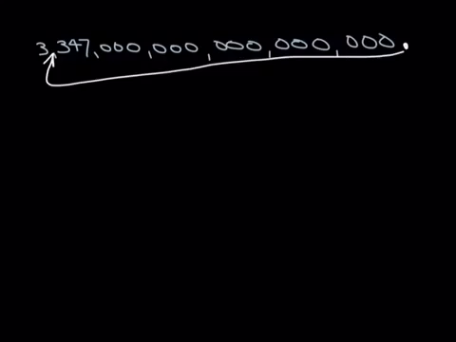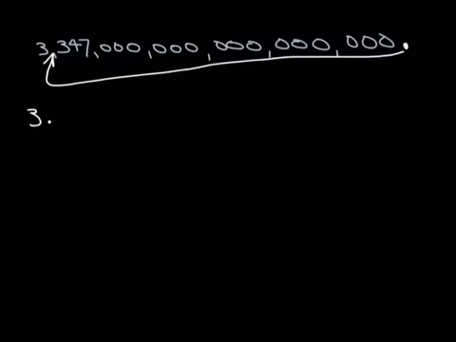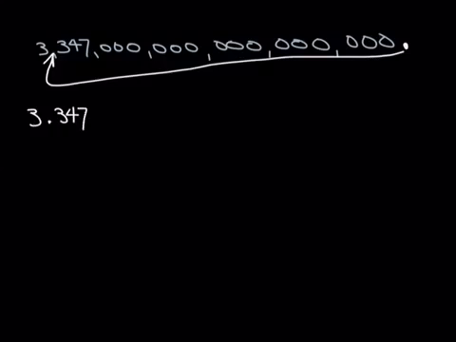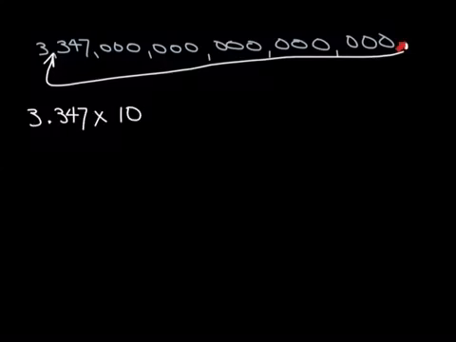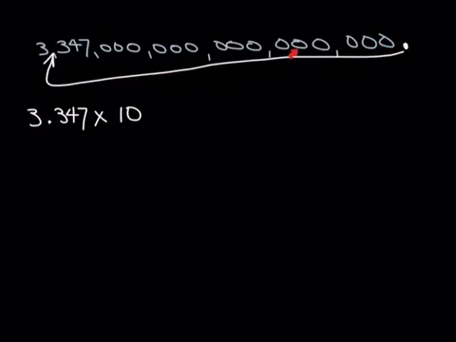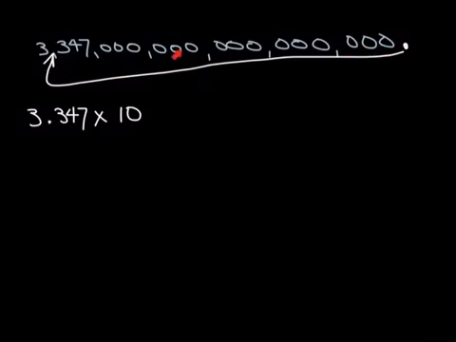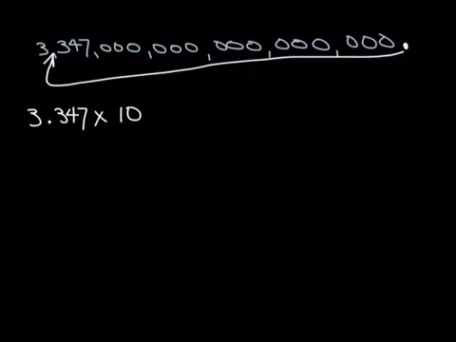One digit, decimal, non-zero digits times 10, and then we count how many decimal places from there to there. So I have 1, 2, 3, 4, 5, 6, 7, 8, 9, 10, 11, 12, 13, 14, 15, 16, 17, 18.